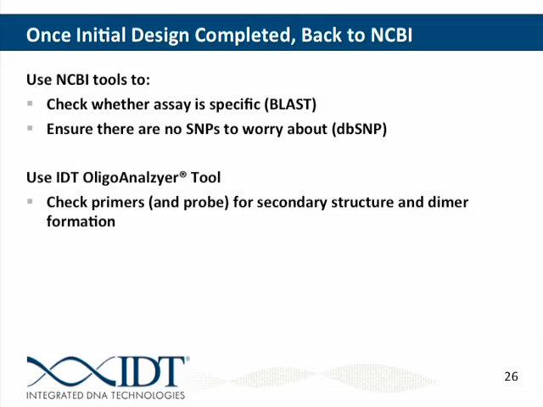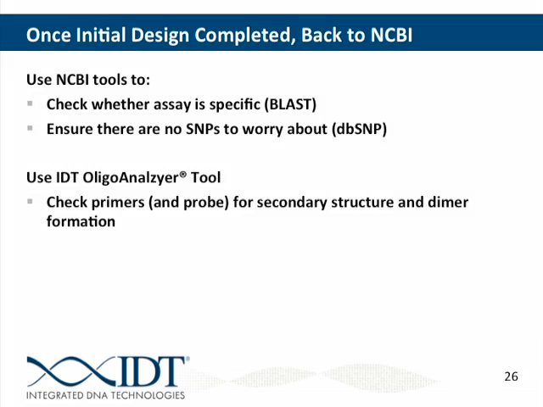And then after you've ensured that assay is highly specific, you can check the primers and probes for secondary structure and dimer formation. PrimerQuest already does check for this, and it's a factor that's considered in the scoring. However, it scores on a lot of different things, and so an assay which may have a minor hairpin or dimer issue might score higher than another assay just based on all of the different factors it takes into account.